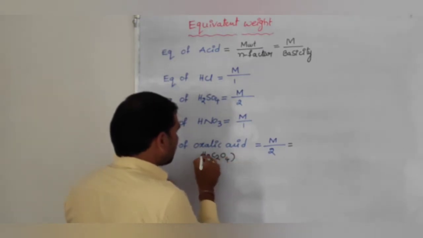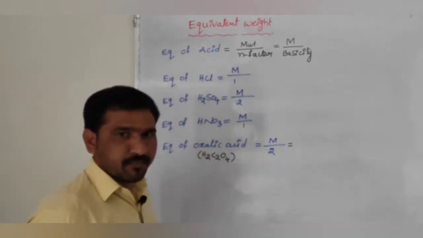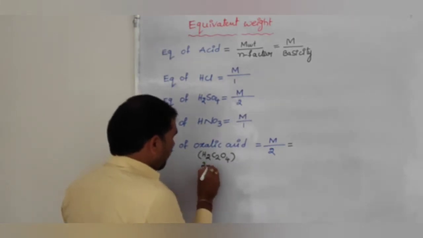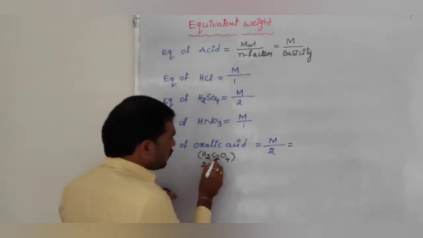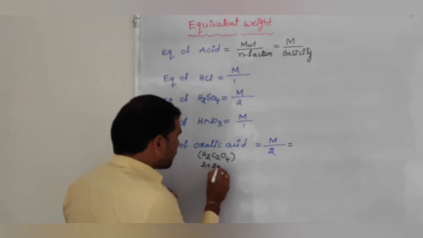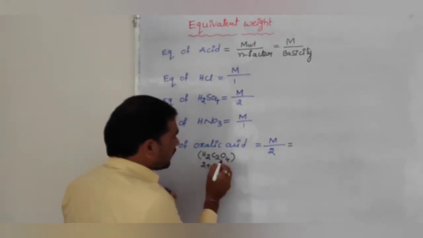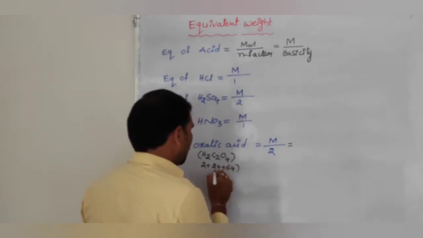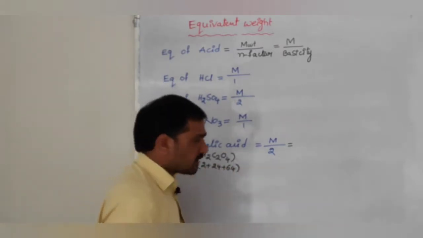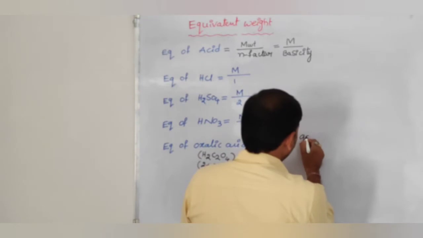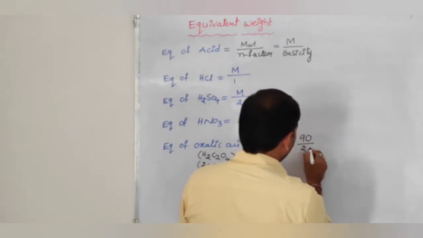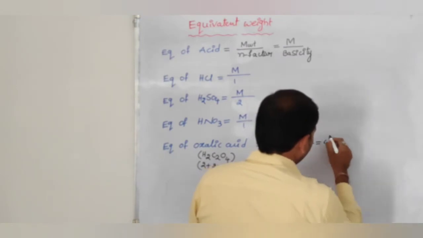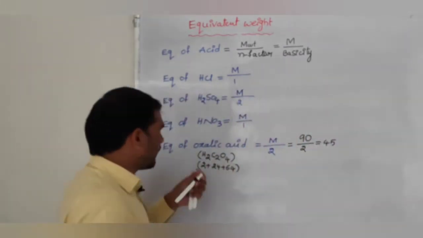The formula of oxalic acid is H2C2O4, right? Then 2 grams plus 2 into 12, 24 grams, plus 4 into 16, 64 grams, that is equal to 90 grams. Therefore 90 grams divided by 2 is equal to 45 grams. So this is the equivalent weight of oxalic acid.